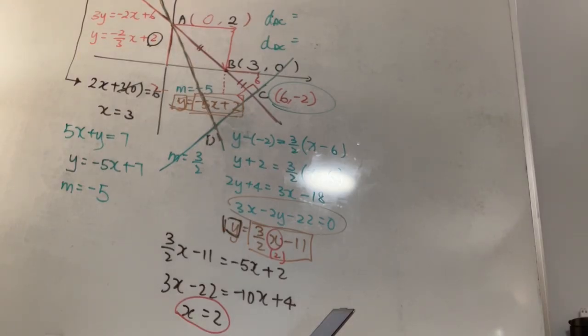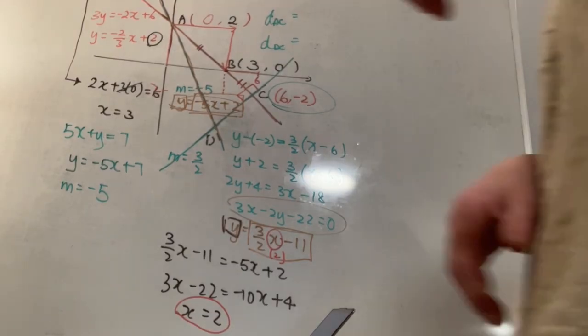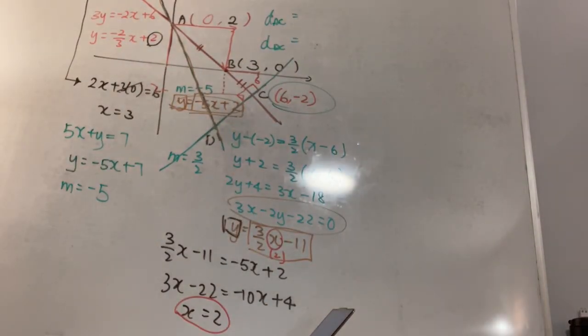Yeah, 2 minus 8, just like this one. This is your D, and your C is this one. Maybe you want to write it in here. Yeah, perfect.